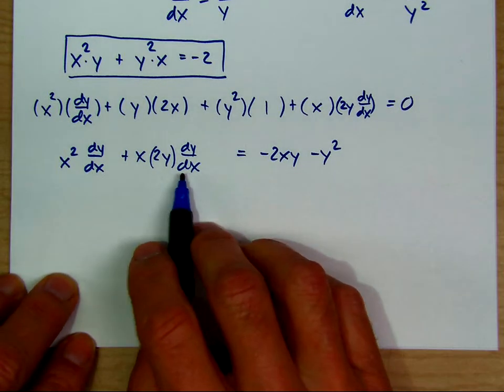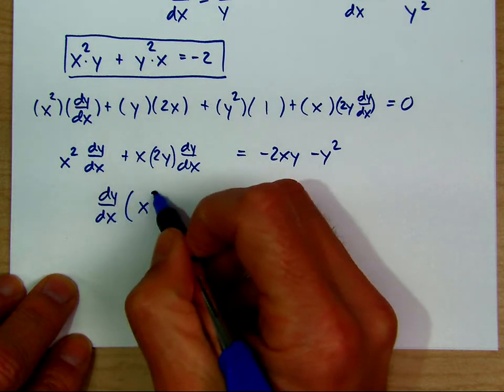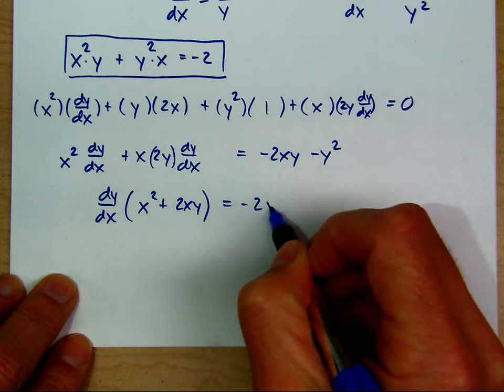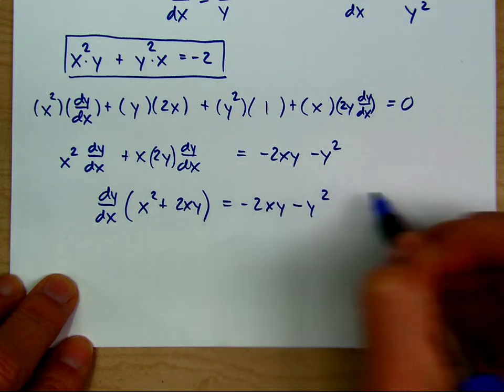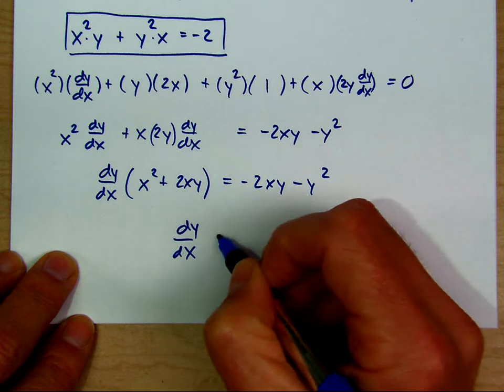Okay, let's factor out a dy dx. And then divide to isolate dy dx.